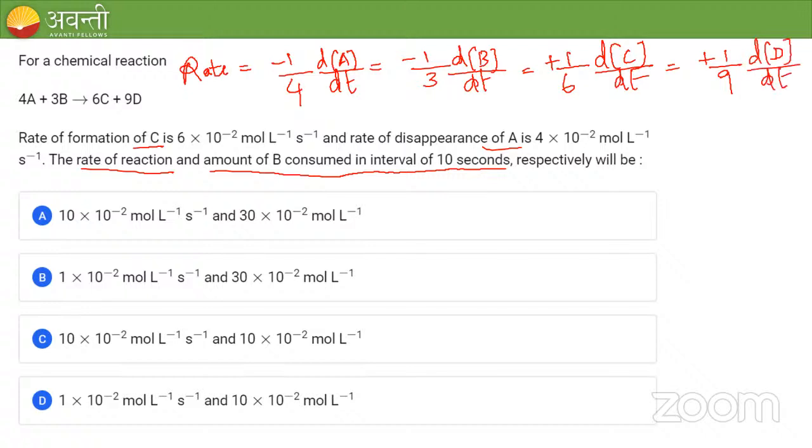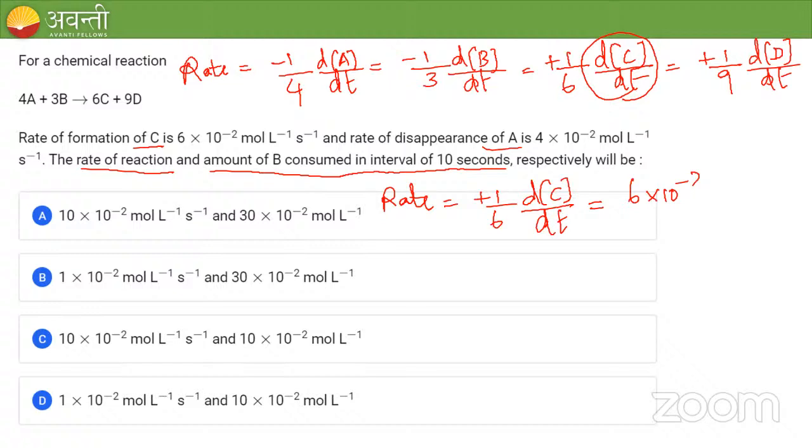Now we are provided with the rate of formation of C. So what we can do, we can substitute. The rate of the reaction is equal to plus 1 by 6 dC by dt. In place of dC by dt, we can substitute the given value, which is 6 into 10 power minus 2, divided by 6 in the denominator.